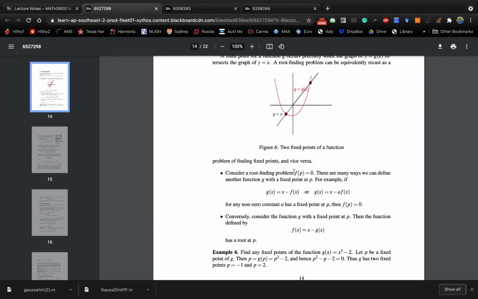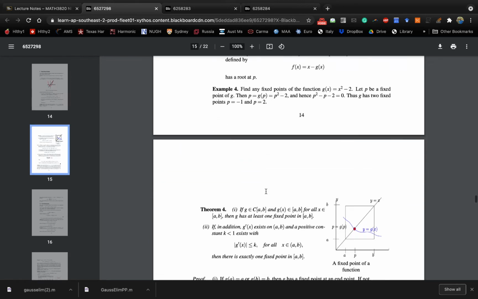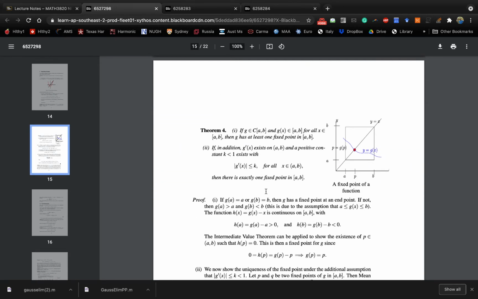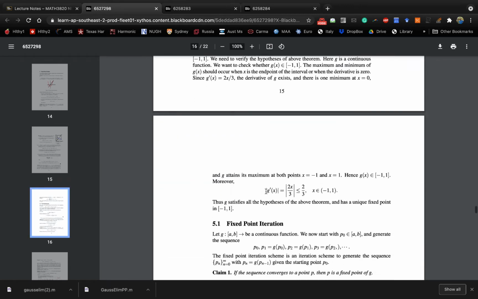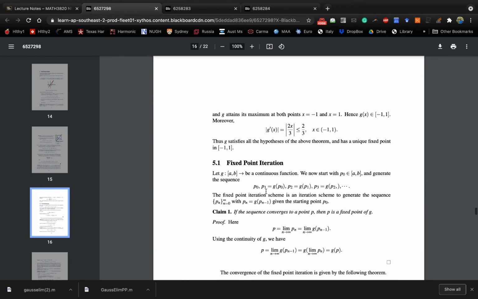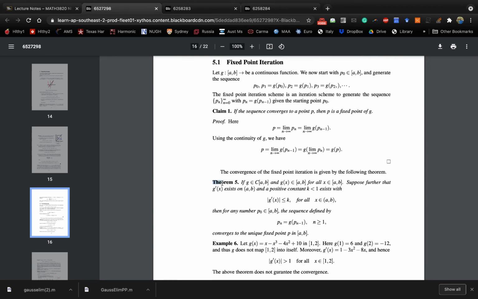Now the fixed point PDF is here from the lecture notes. The point is finding an appropriate function g of x from the function f of x, by obtaining x equal to something which we call g of x. With this clear description from the lecture notes, we end up at theorem 5.